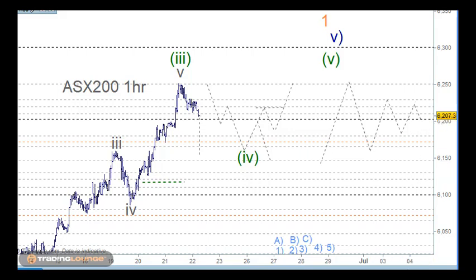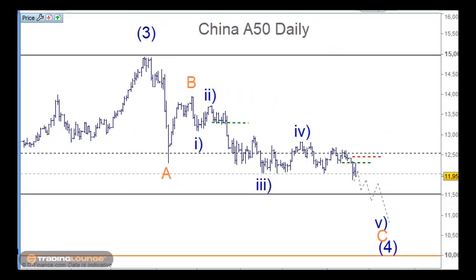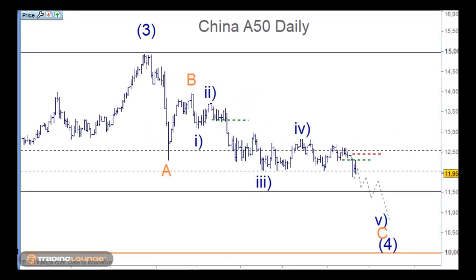So that said, we're looking at China here. With China, from this wave 3 here, we're looking at wave 4 here, and then we're looking for a move down here. So from this wave 4 here, we're looking for wave 1 and 2 here, and 3 and 4 and 5.